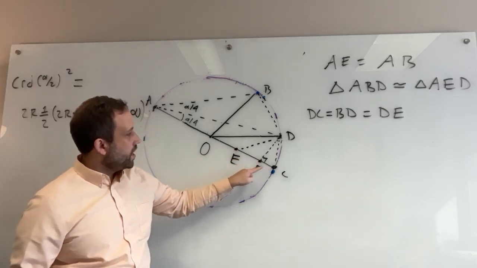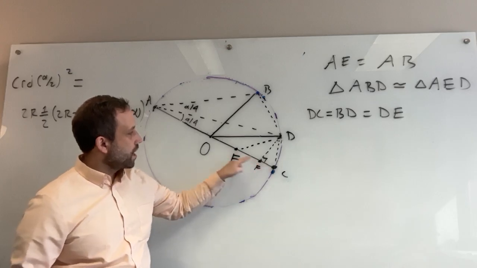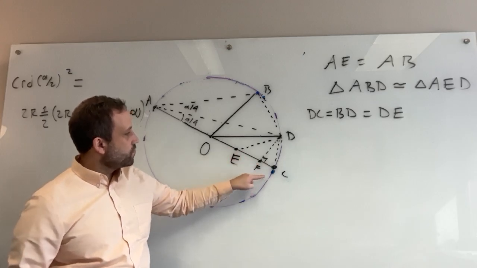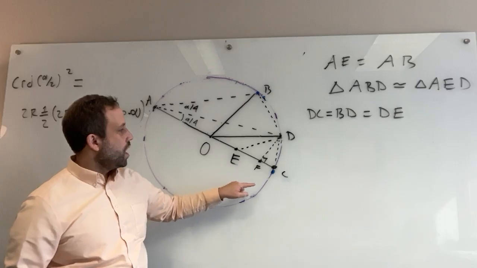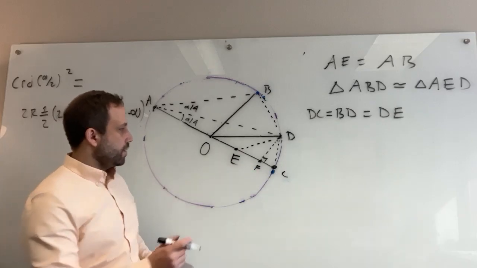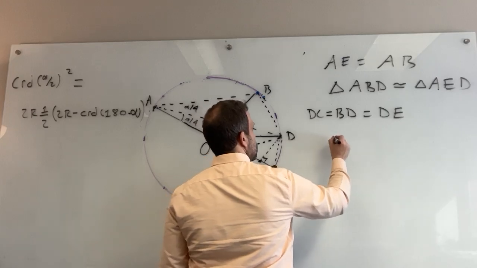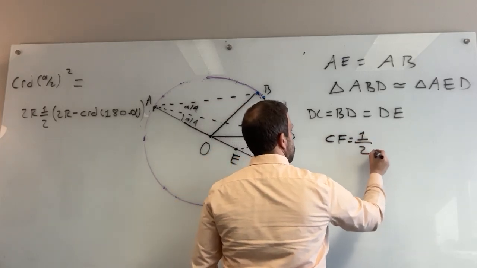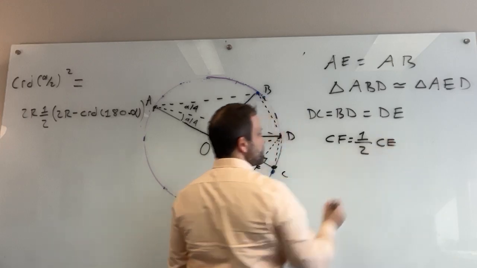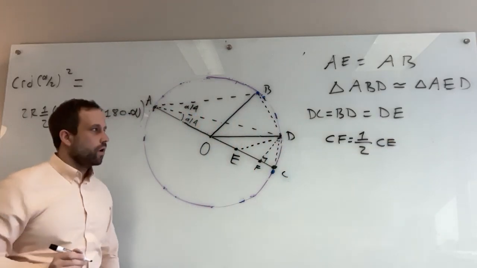And so this point here bisects this line segment. In other words, the distance from C to F is equal to the distance from F to E, or equivalently, the distance from C to F is equal to 1/2 the distance from C to E. So CF is equal to 1/2 CE.